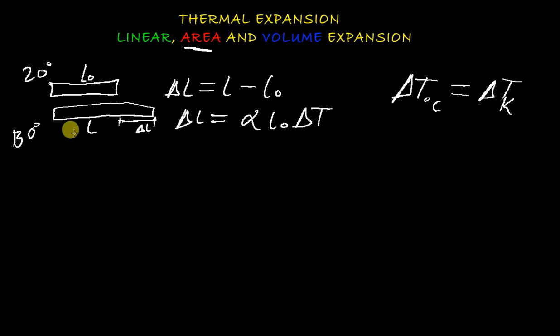For the linear expansion, it was just the length which was expanding, but for the area expansion, we expect a particular area to expand. For instance, if you have a disk like this, when exposed to heat it is going to expand, meaning this area is going to expand or decrease when exposed to the temperature.